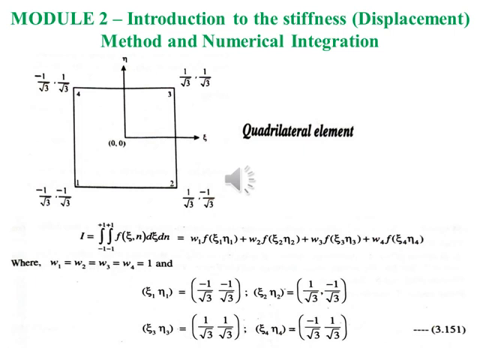You can observe that the origin is exactly at the center of the rectangle, and how the values of zeta and n vary. Zeta varies along the x-axis and n varies along the y-axis.